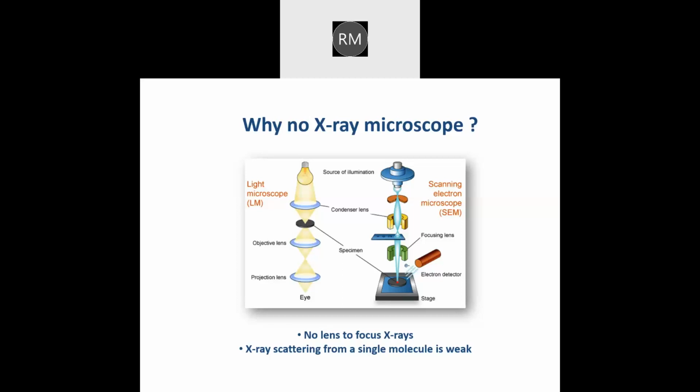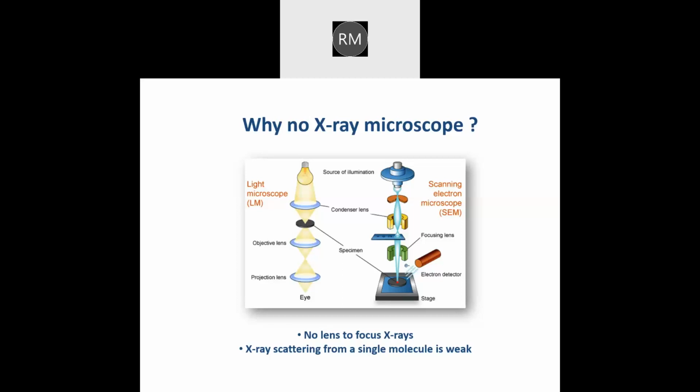The primary reason is that there is no lens; you cannot focus X-rays like a lens. Magnetic lenses focus electrons, and normal optical lenses focus visible light, but X-rays cannot be focused by any kind of lens. And the X-ray scattering from a single molecule is very weak.